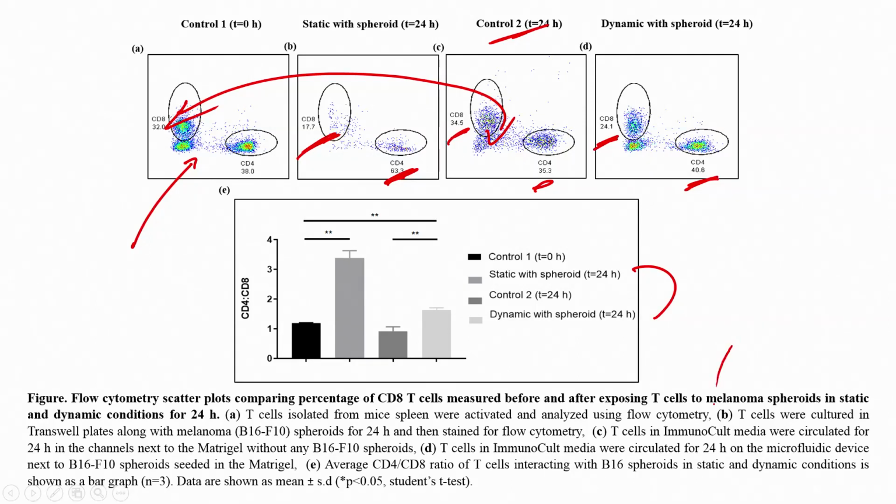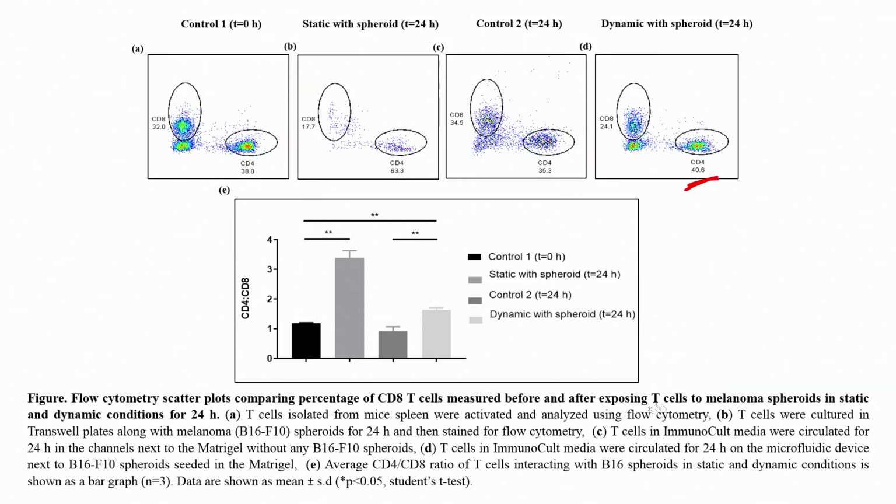That means that we get different results from the static platform compared to the dynamic platform, and that is why we should go for the dynamic platform for evaluating the efficacy of immunotherapy rather than using the static platform which is used right now.